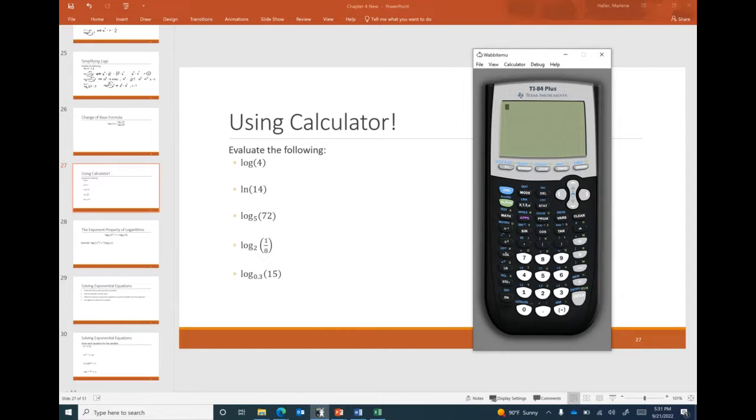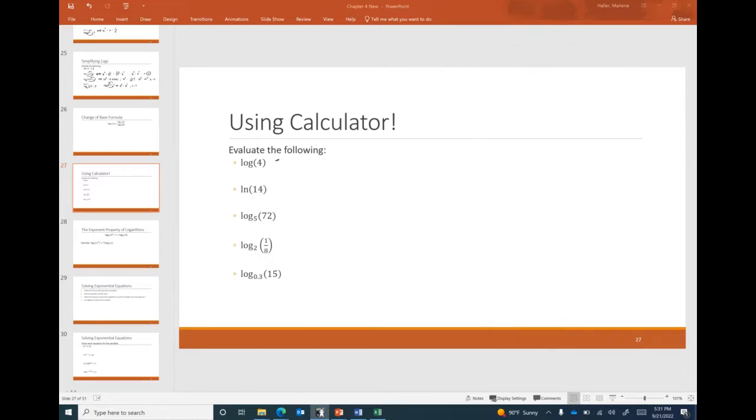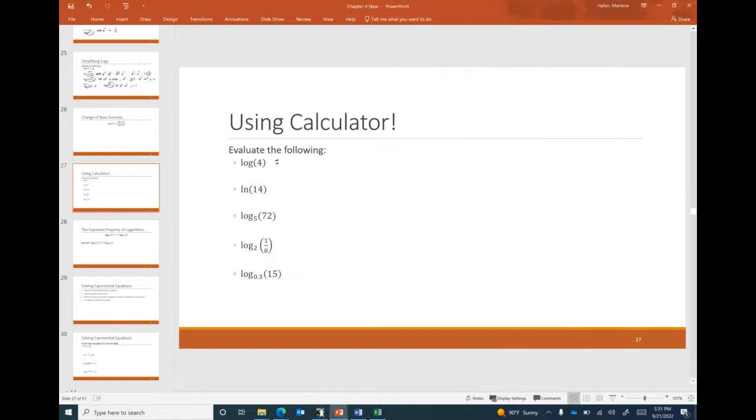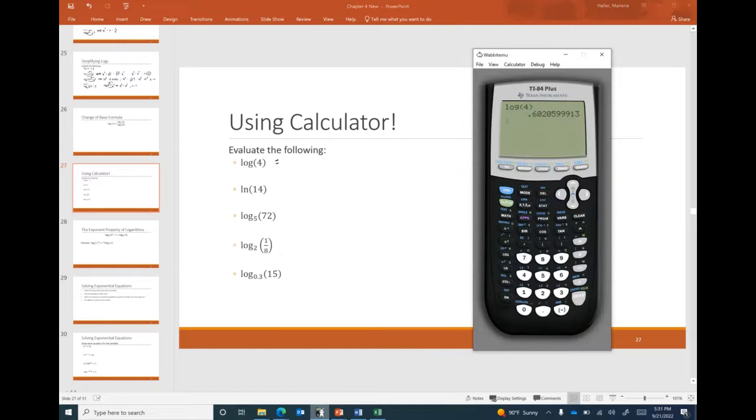Okay, so the common log of 4, we'll just use the log key, 4, enter, and we can see that the common log of 4 is 0.6020599, and we usually like to round logarithms to 4 decimals.